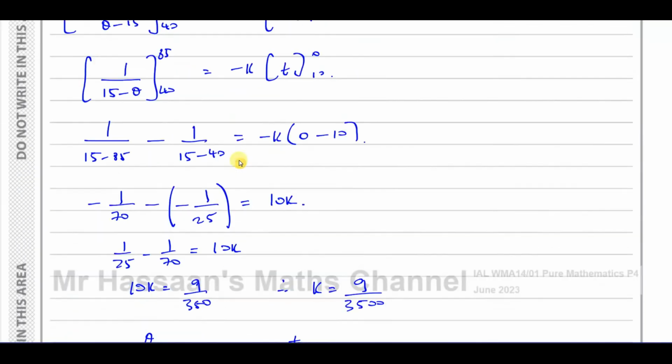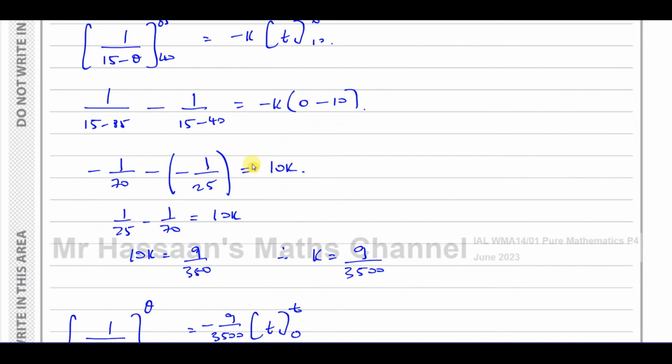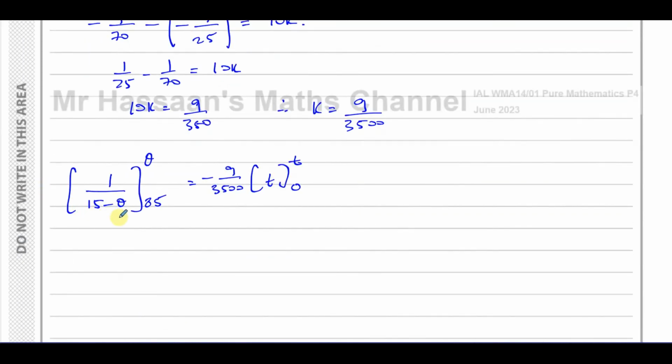Okay, so you have 1 over 15 minus theta. So what we're going to do is now substitute these values in. There's no integration needed to do. We've already integrated. That's done. I'm putting this in here first, minus, and I'll put this in here.